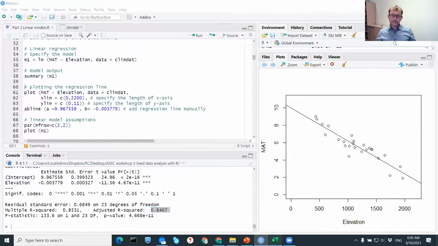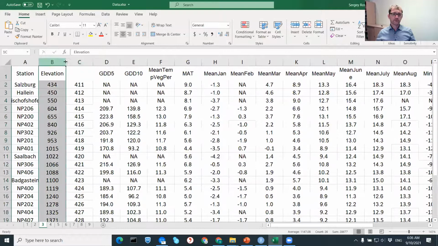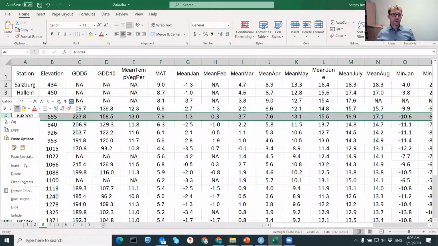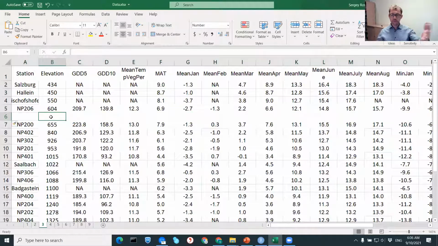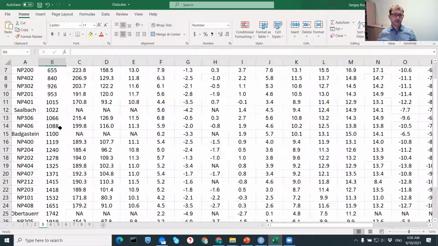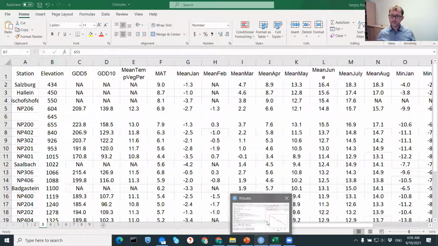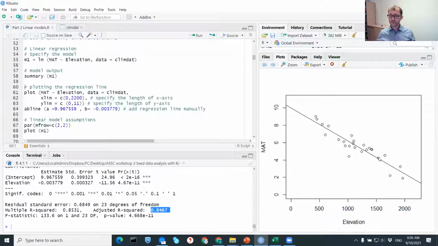But if you remember, my question here was that I have 25 stations here. And what to do if I want to find out, well, these are elevations at which the weather stations are located. But I have, for example, a collection site at 645 meters, and I have no data from this elevation. I have no climate data from this elevation. What to do? The second thing, well, what I could also use here, so we established now a relationship, right?